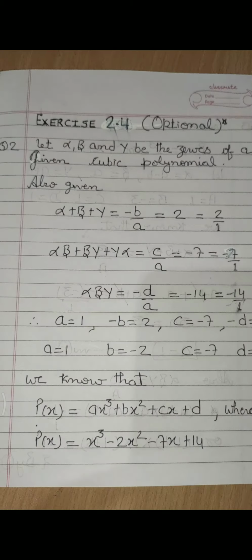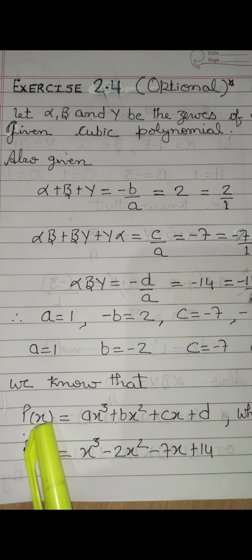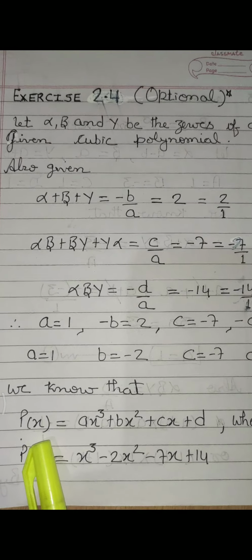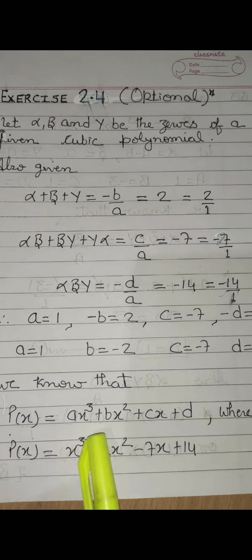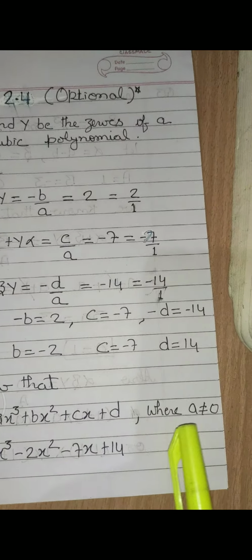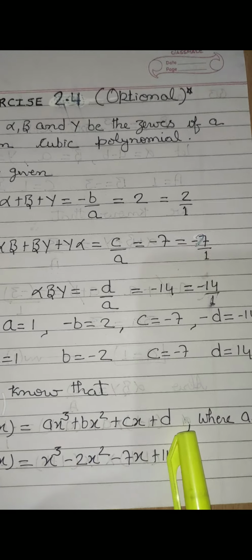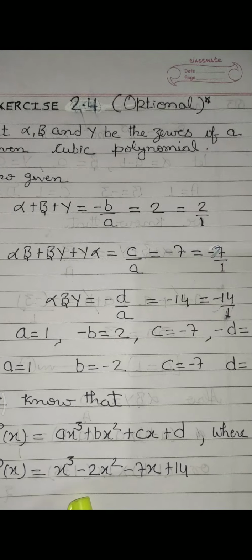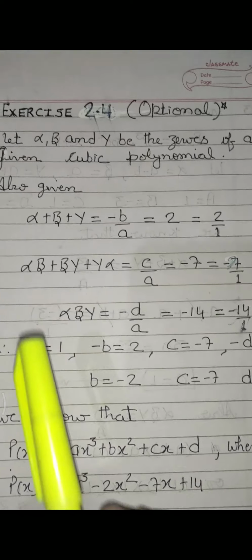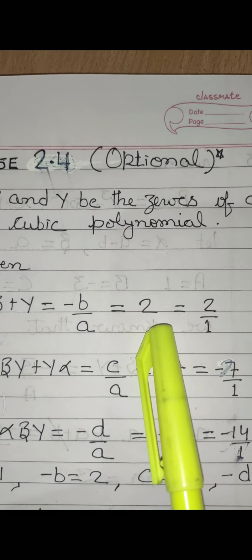In this question, they have not given the polynomial p(x), but they have mentioned it is a cubic polynomial, and we know the general form of a cubic polynomial: ax cube plus bx square plus cx plus d, where a is not equal to 0. If we get the values of a, b, c, d, we will substitute here and that will be our answer. But how will we get it? What is the given condition? Sum of zeros, alpha plus beta plus gamma, is given as 2.